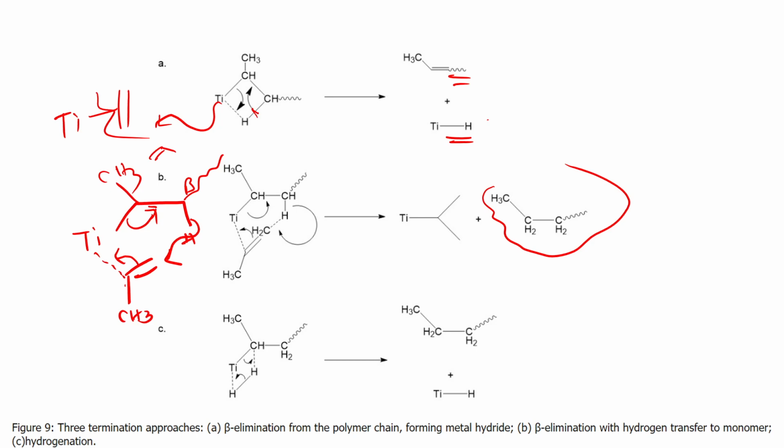And lastly, you can do hydrogenation. If you use hydrogen gas, this titanium compound is solid, so on the surface it can be adsorbed like this, followed by hydrogenation. With a hydrogen molecule this can be done, and in that way you can do termination.